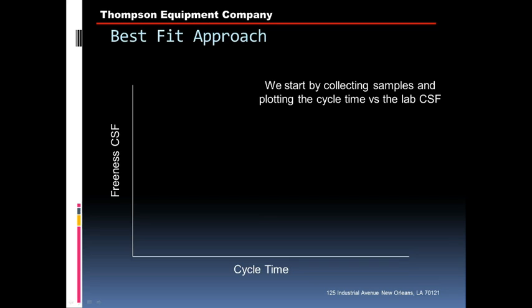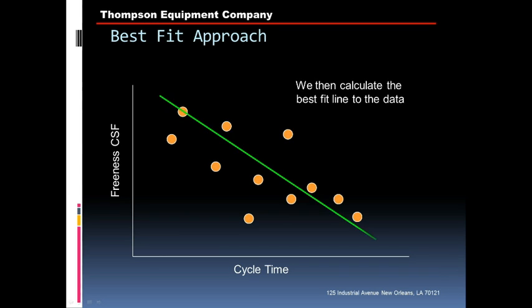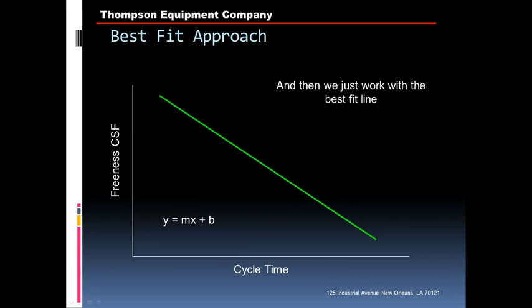Basically, you start by collecting lab samples and plotting the Drainac cycle time versus the lab estimate of CSF. And here's an illustration of that. Once you've got that data, you calculate the best fit line to that data. And once you've got that best fit line, you just work with the line itself and not worry about the data for the time being.